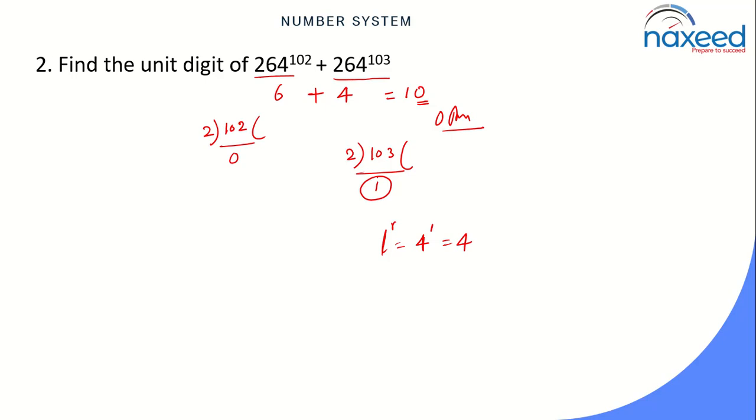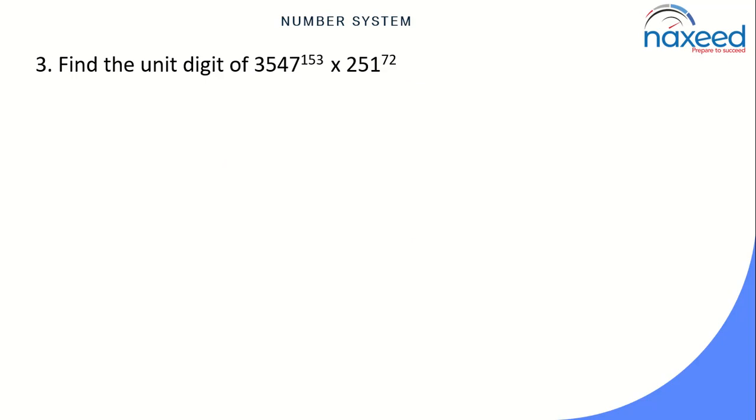Understood everyone? Last example, if I take, find the unit digit of 3547 to the power 153 into 251 to the power 72. So first is 3547 to the power 153. What is our first step? The last digit is 7. What is the cyclicity of 7?